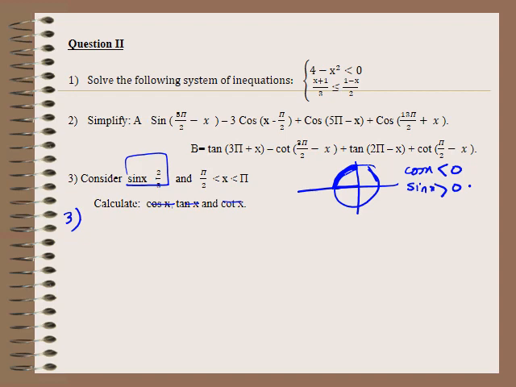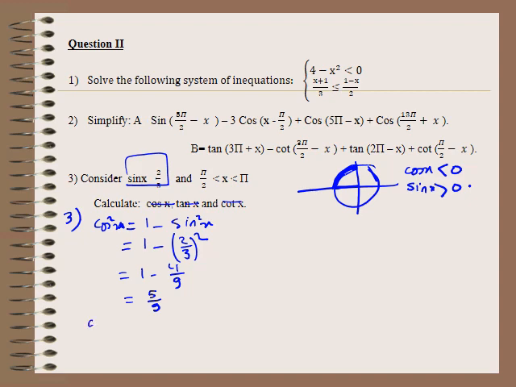First, the relation between sine x and cosine x. Cosine squared x equals 1 minus sine squared x, since cosine squared x plus sine squared x equals 1. So 1 minus (2 over 3) squared, which is 1 minus 4 over 9, equals 5 over 9.